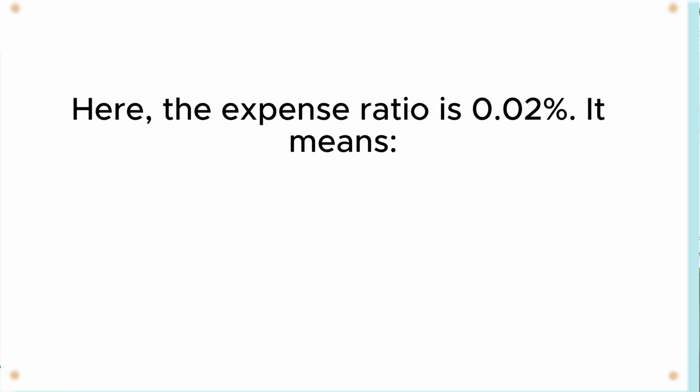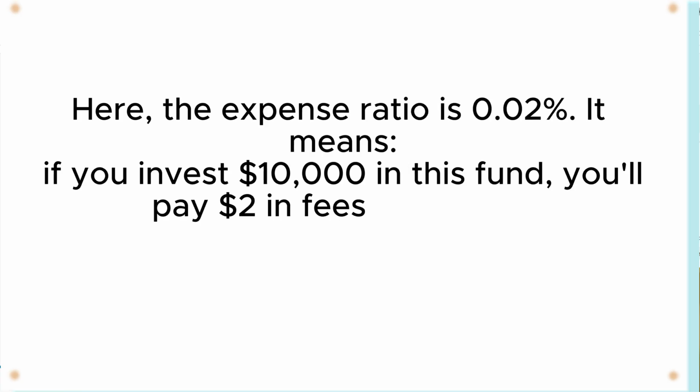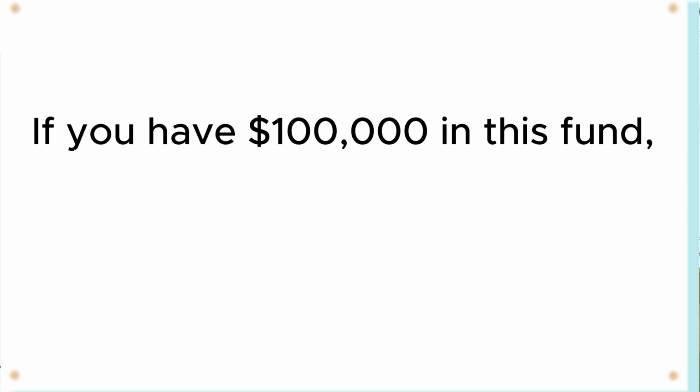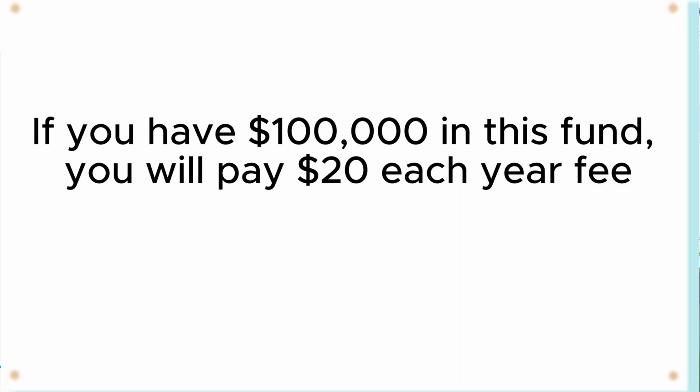So here the expense ratio is 0.02%. It means if you invest $10,000 in this fund, you will pay $2 in fees each year. Now, if you have $100,000 in this fund, you will pay $20 each year in fees to Charles Schwab or whoever holds your account.